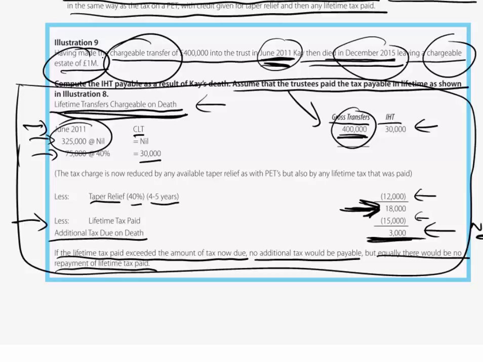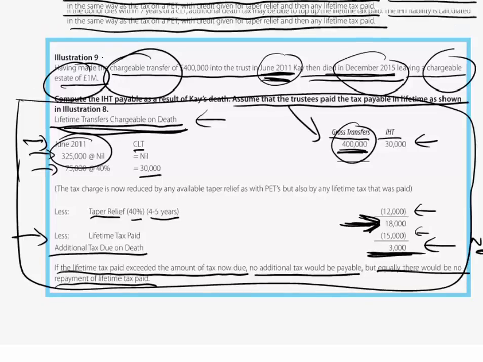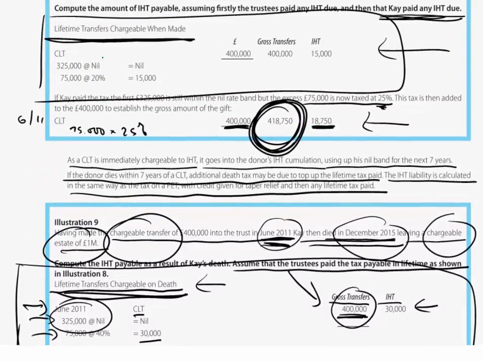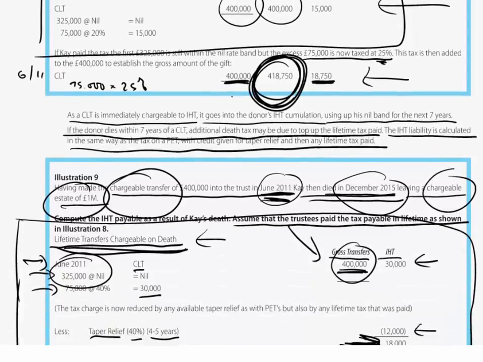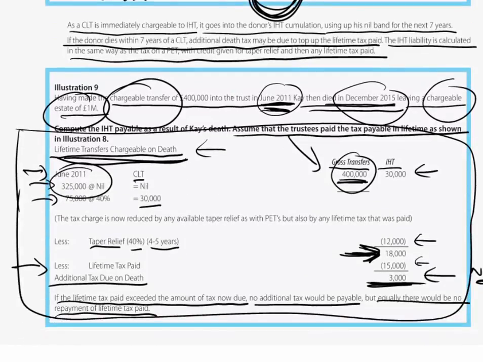And it is that figure that would now be picked up in the computations that you see here. It is the chargeable transfer that would be included here, the £400,000. These figures going into the IHT computations are based on the chargeable transfer figure.